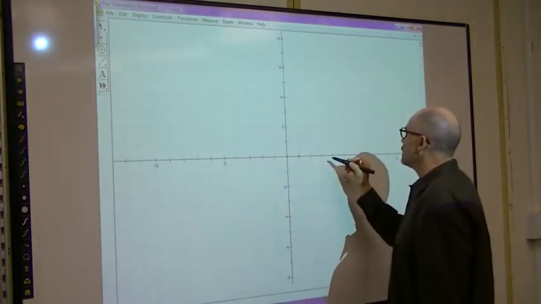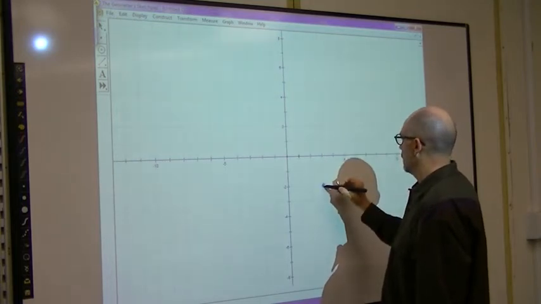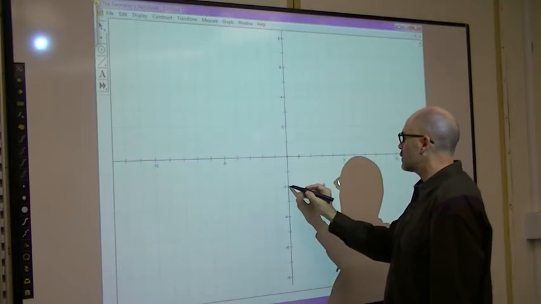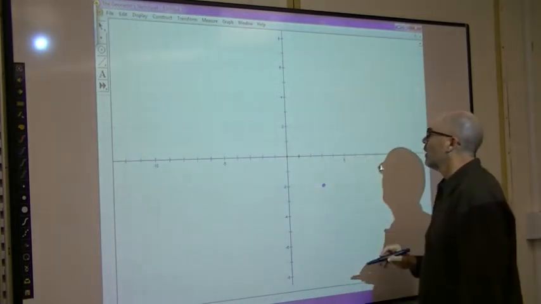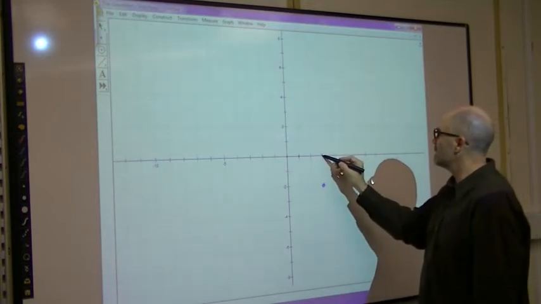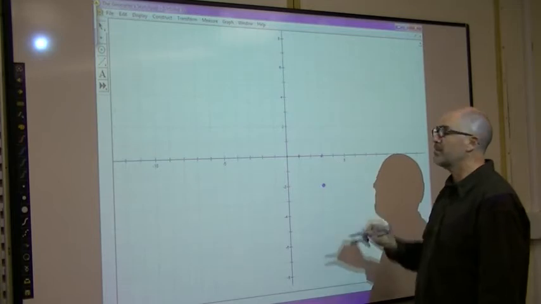All right, center is (3, -2), and it's tangent to the x-axis. Oh, the x-axis, not the y-axis. Okay, so if it's tangent to the x-axis, then basically that just gave me the radius.